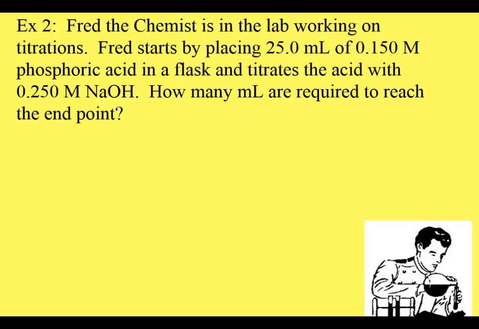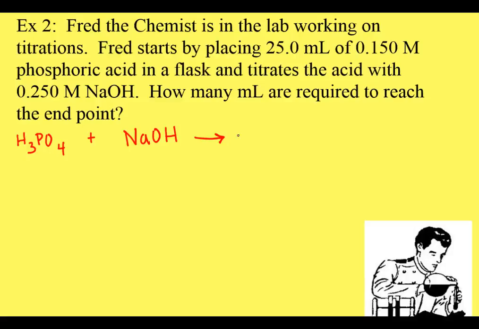We should start again by completing a balanced equation. The two things that are reacting are phosphoric acid and sodium hydroxide. Phosphoric acid is H3PO4 and sodium hydroxide is NaOH. This is another example of a neutralization equation or a double replacement reaction.